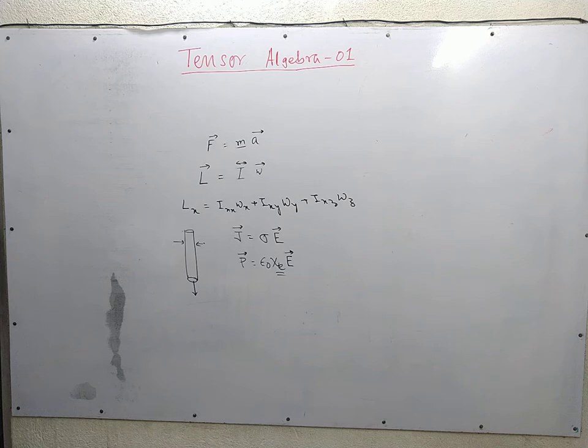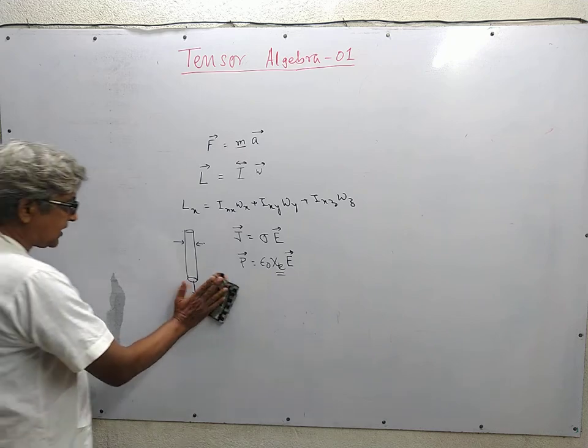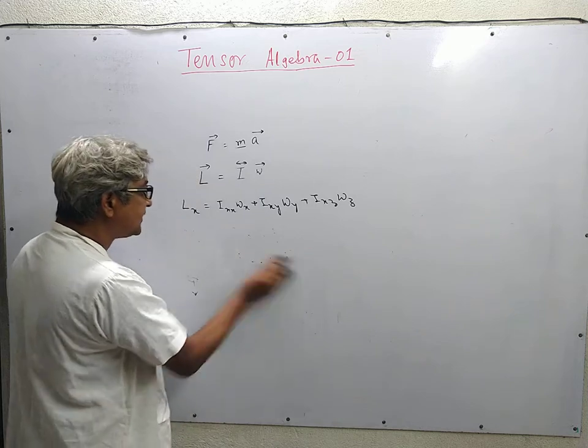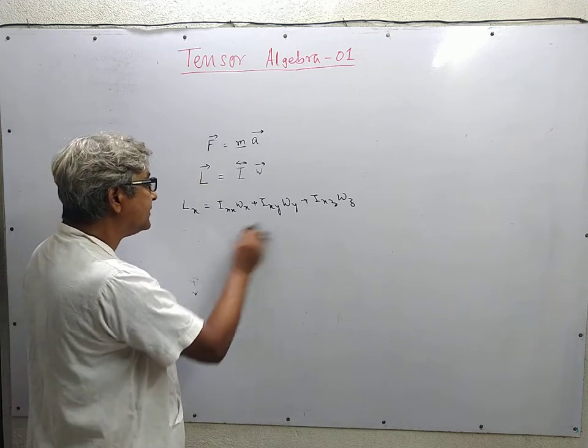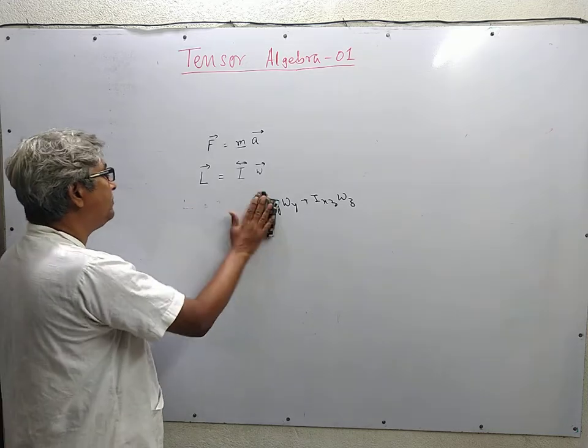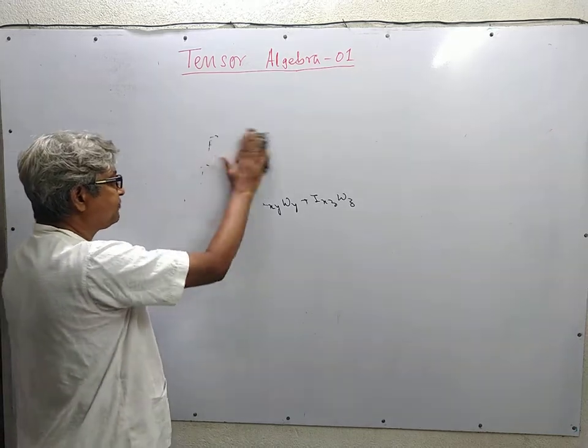But before going to this, I want to remind you about the shorthand notation which was introduced by Einstein and is known as Einstein's summation convention, that will be used extensively in this discussion. Otherwise, the mathematical expression will be lengthy.